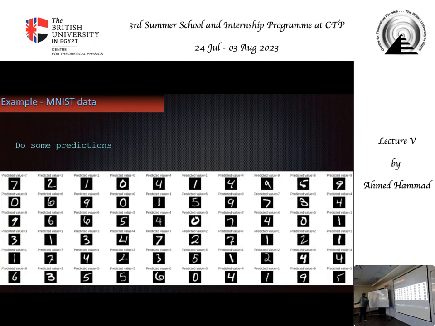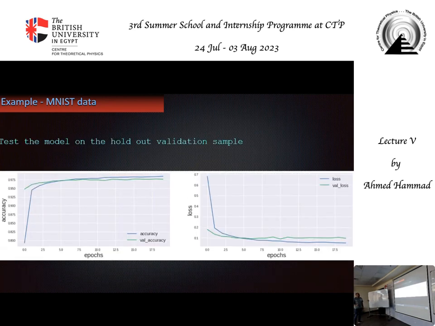Now the test. After I finish training the deep neural network, I test the model. How can I test that? It's simple. I give a random image, and I say, okay, please predict the probability for this image. As you can see here, this is a very nice result because we have almost 97.5% accuracy.